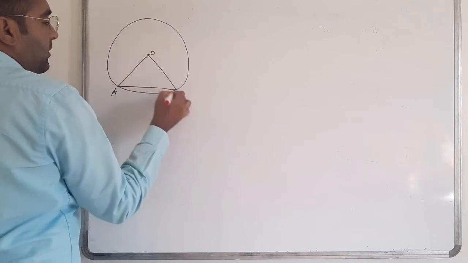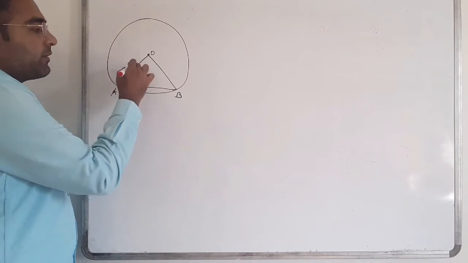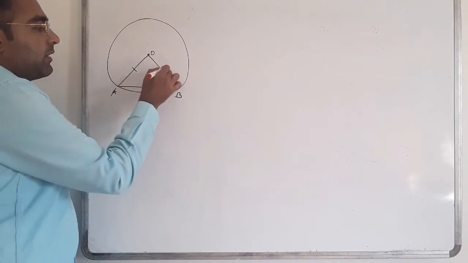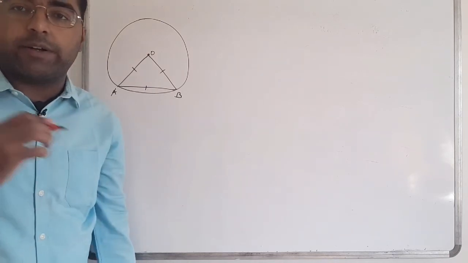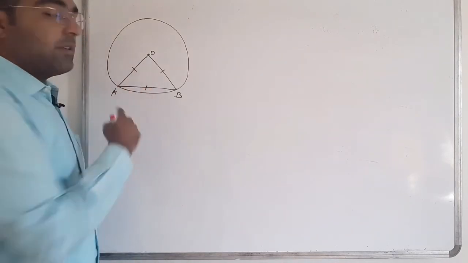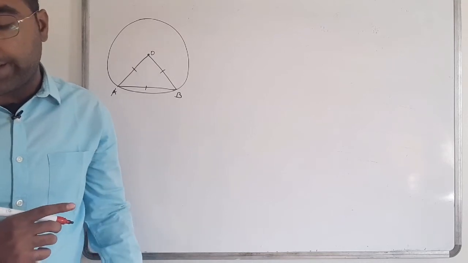Clear that? So if the length of the chord is equal to the radius r, then AB is also equal to the radius r. So this forms an equilateral triangle. Clear that?